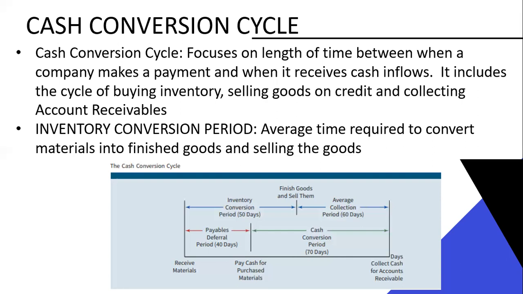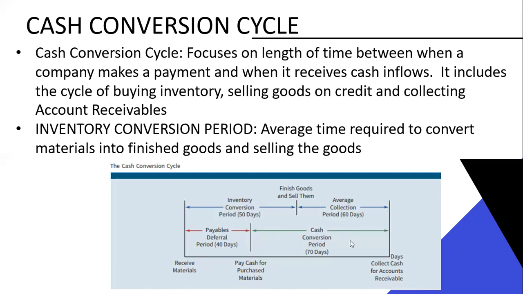Here you can see this diagram. A company is borrowing money, and that's where the payables come in. They then purchase material, the material is converted and sold, and once it's sold, the cash is eventually collected.